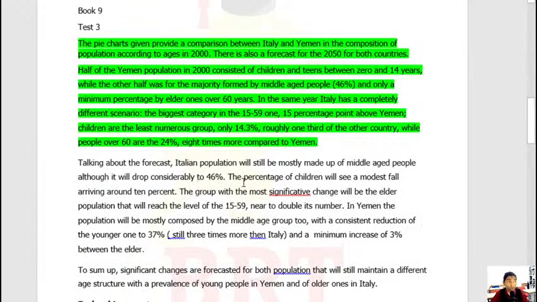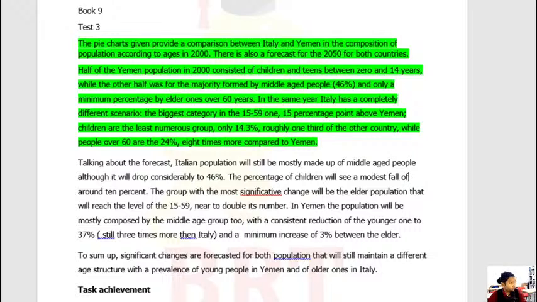The percentage of children will see a modest fall around 10%.